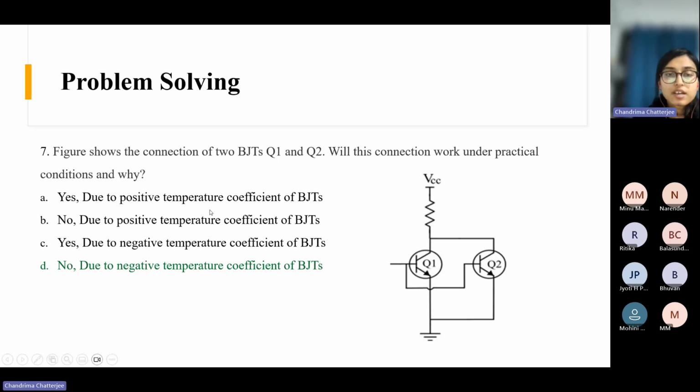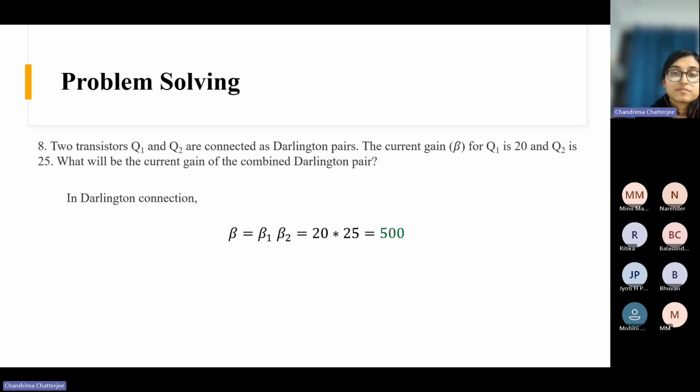Figure shows the connection of two BJTs. Okay, this is the answer. Here, this is, I think, the easiest question. Two transistors Q1 and Q2 are connected as Darlington pairs. The current gain beta for Q1 and Q2 are given 20 and 25. So what will be the combined current gain? So this is just a multiplication of the two betas.